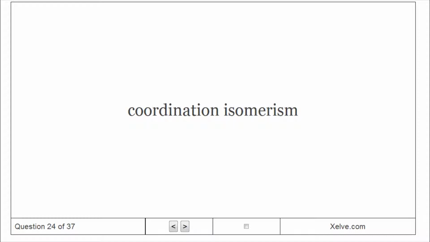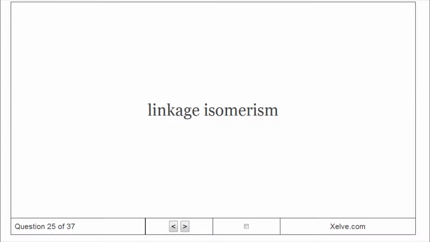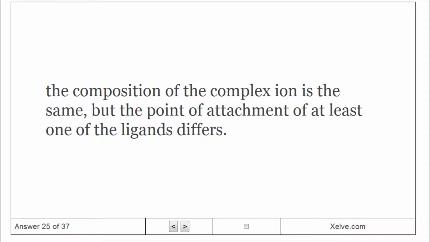Coordination isomerism. The composition of the complex ion varies. Linkage isomerism. The composition of the complex ion is the same, but the point of attachment of at least one of the ligands differs.